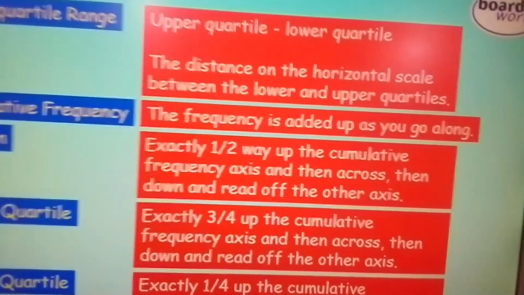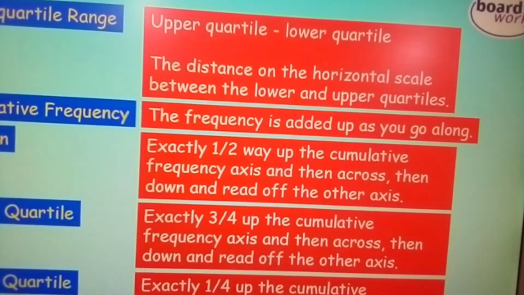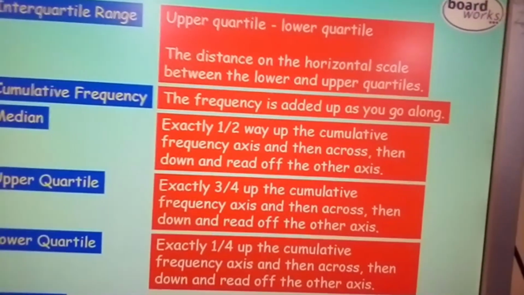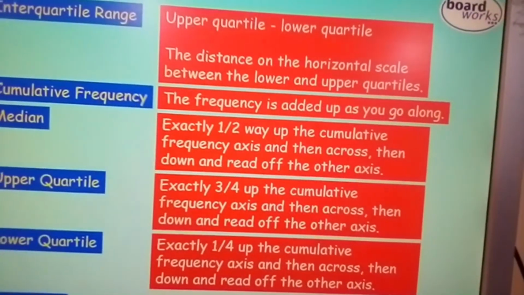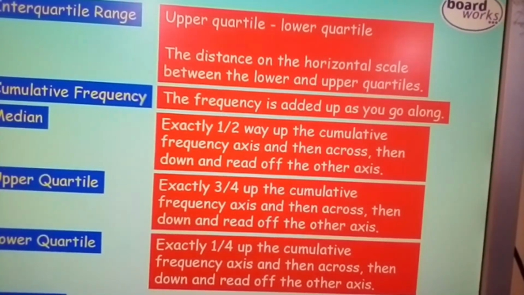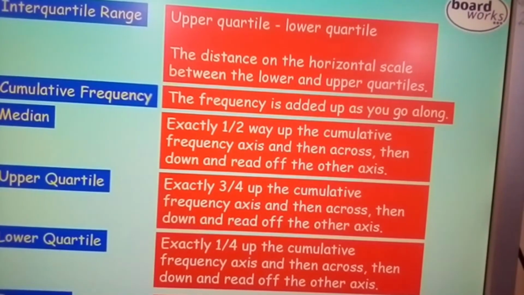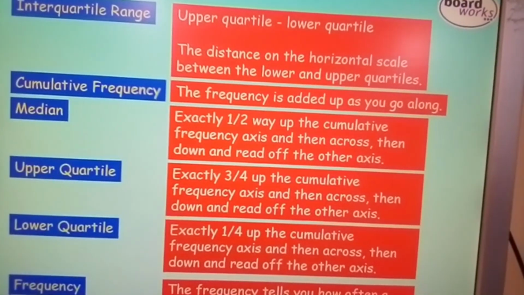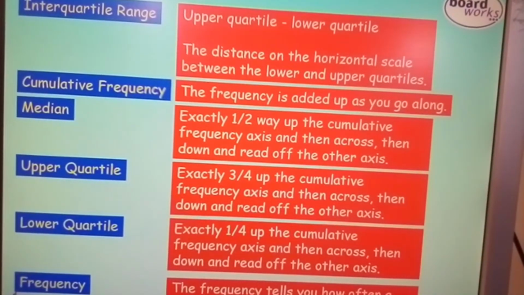Exactly 3/4 up the cumulative frequency axis, and then across, then down and read off the other axis. Exactly a quarter up the cumulative frequency axis, then across, then down and read off the other axis, and that's in reference to your lower quartile.